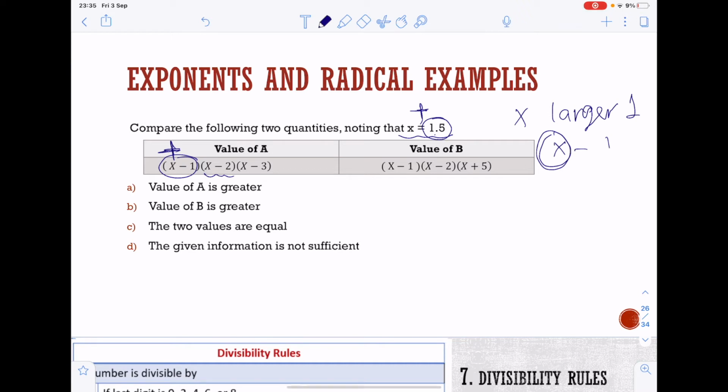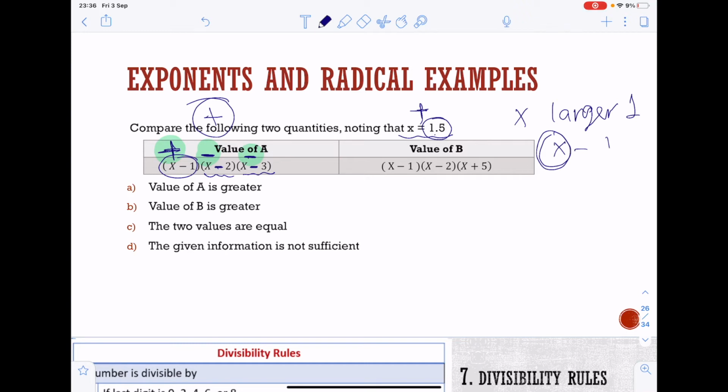Now here, 1.5, our x would be less than 2, so this would be negative. And also here, 1.5 is less than 3, so the answer would be negative. Now we start to find the product. Plus times minus would give us minus, negative.